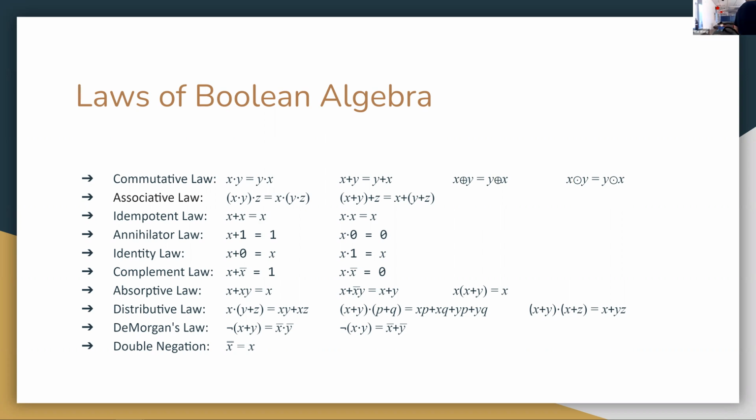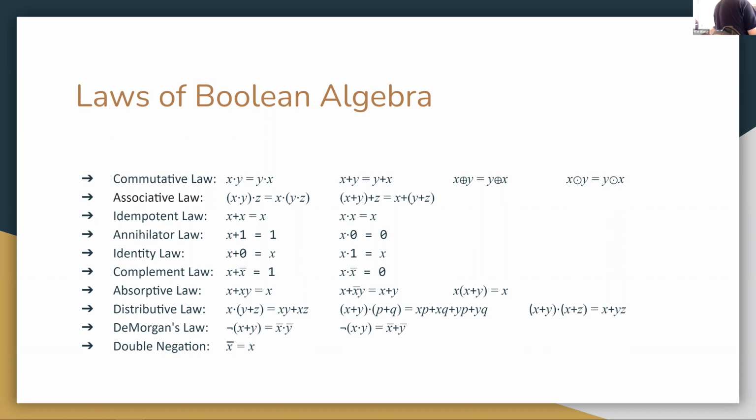Identity law is sort of the opposite, or the other way around. So x or false is whatever x is. That false part doesn't matter. What matters here is the x. So if x is true, then true or false, this whole expression is true.